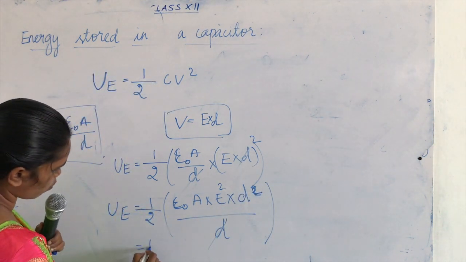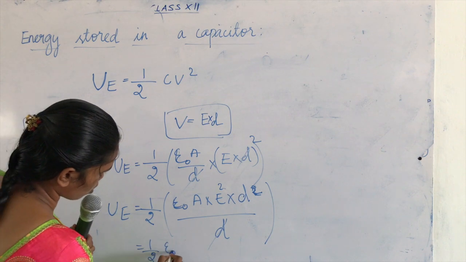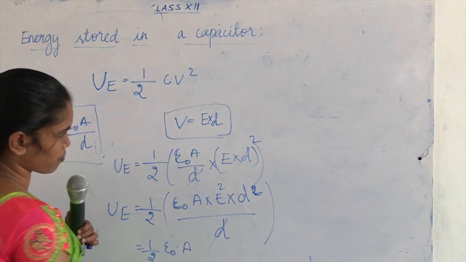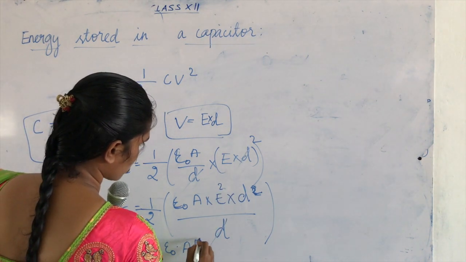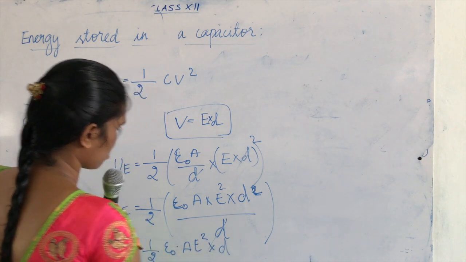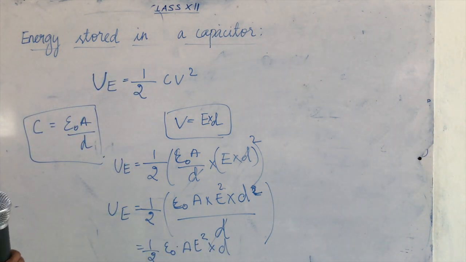Then 1 by 2 epsilon naught A E square into D.